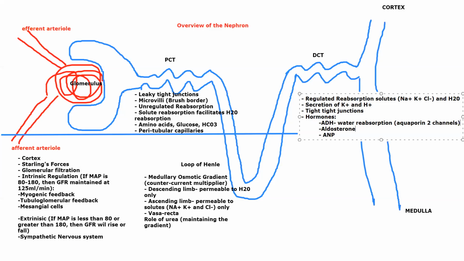Aldosterone, we said, the main mechanism is sodium reabsorption. And the way that aldosterone does that, we spoke about two things that aldosterone does. It's going to increase the sodium-potassium pumps on the basolateral membrane.